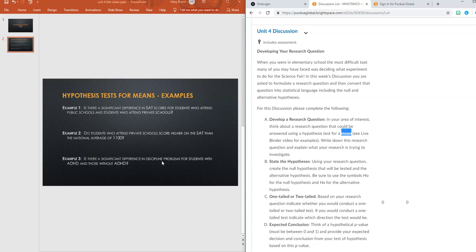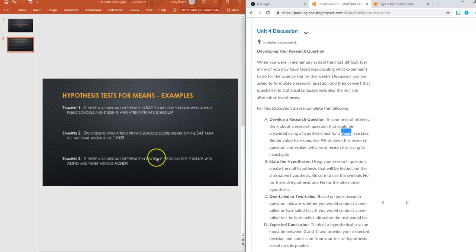Well, maybe you might decide to measure it by looking at the number of discipline referrals for the students in your samples, because you've got 2 independent samples here. Get the number of discipline referrals for the individual students in each of the samples and then compare the mean number of discipline referrals for both groups to see if in fact there's evidence that there's a significant difference.